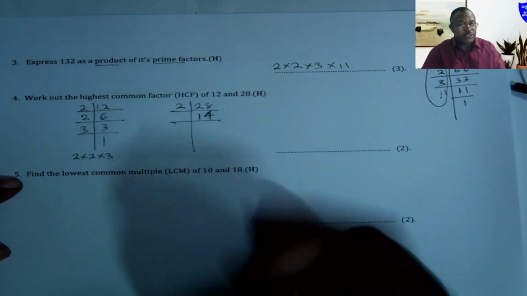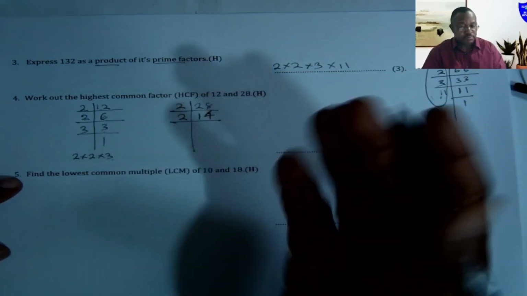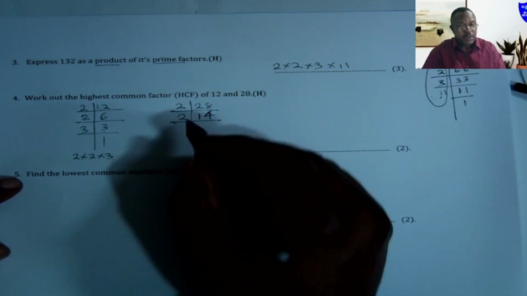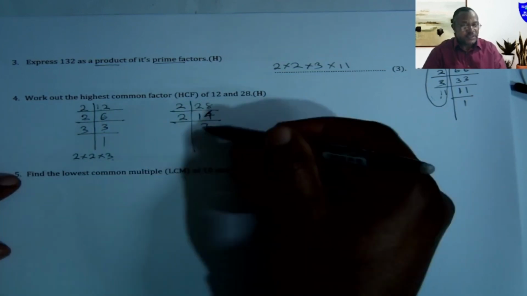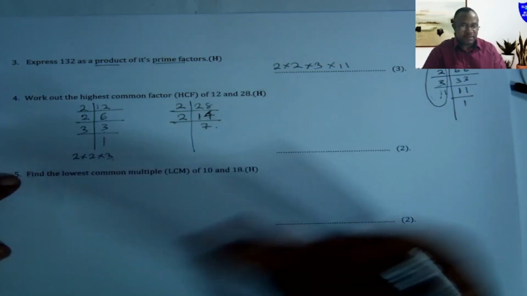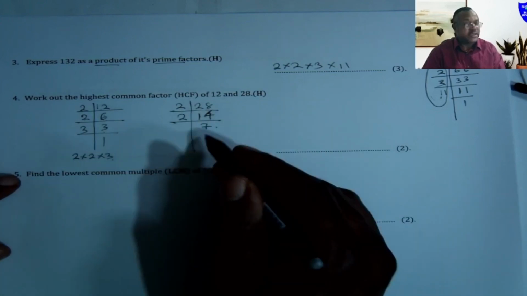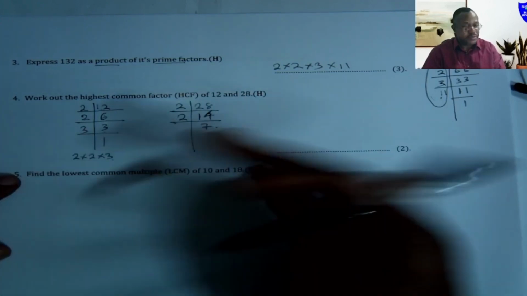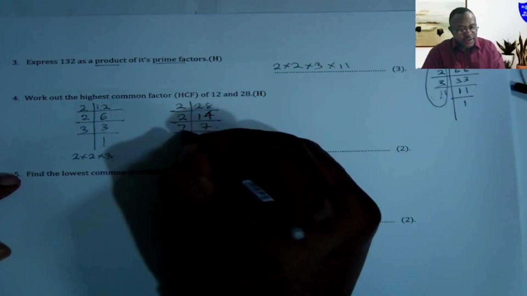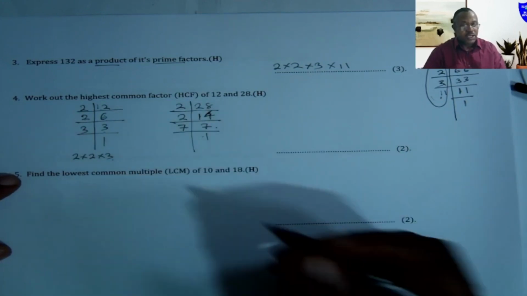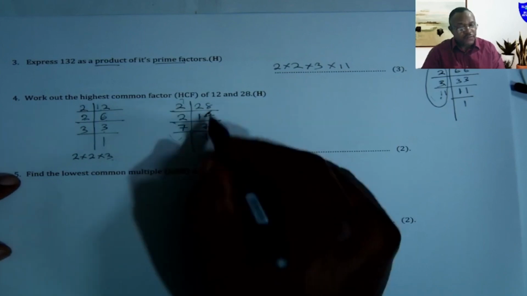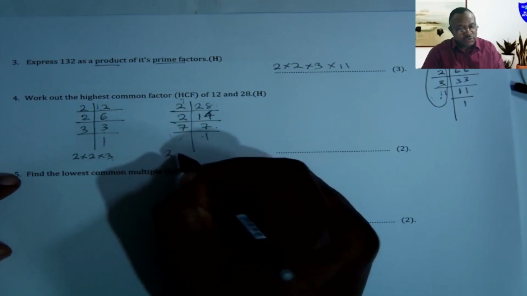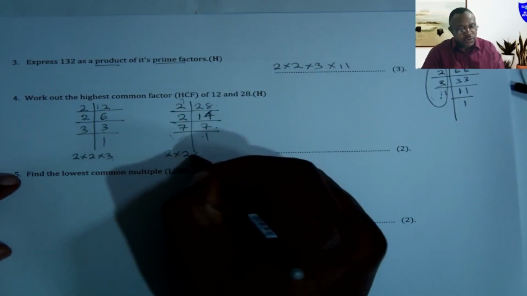Then 14 is divisible by 2. 14 divided by 2, you get 7. Now 7 itself is a prime number. There isn't any other prime number that can divide 7 exactly apart from itself. So we divide that by 7 and we get 1. So these are the prime factors of 28: 2 by 2 by 7.